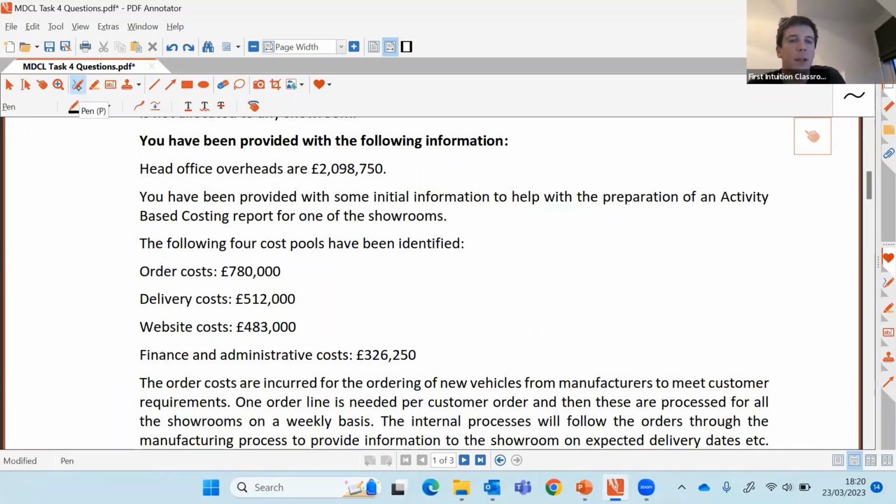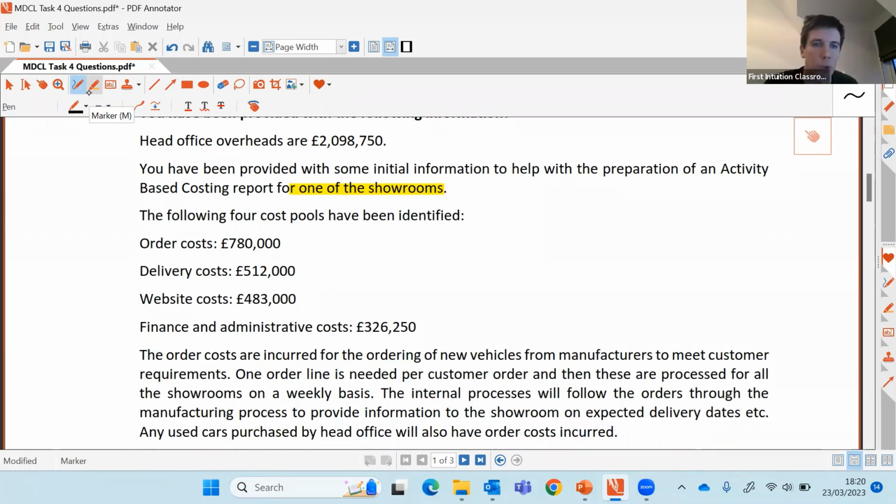So within head office overheads, this figure here, they've said, yes, one of the showrooms has the following overheads attributable to it. And you might remember that with activity-based costing, the overall overhead is split into cost pools. And these, as you can see here, are the 4 cost pools. Basically, they're categories of overheads. Okay.